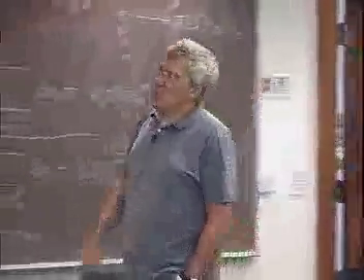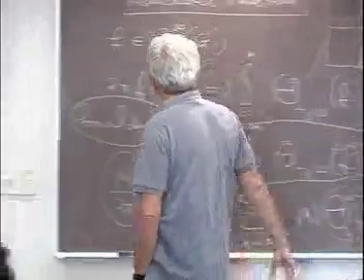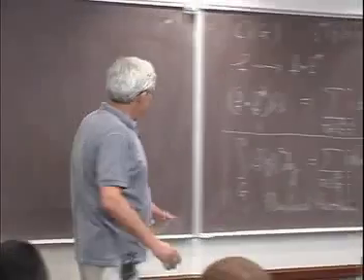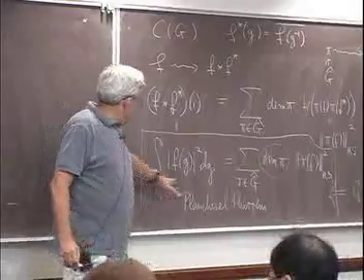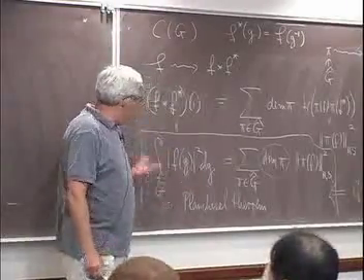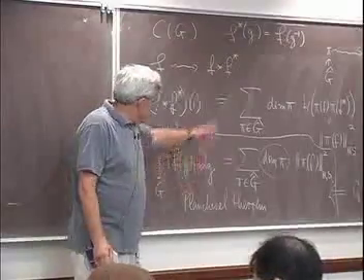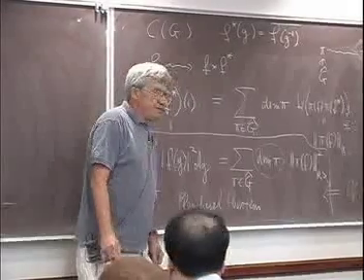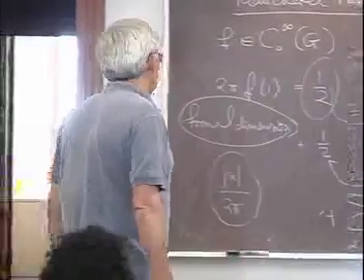For SL2, you don't have any canonical choice, and if I change the Haar measure by multiplying it by a positive constant, then something will change also on the other side. So I have to do proper normalization of measures to get the right formula.